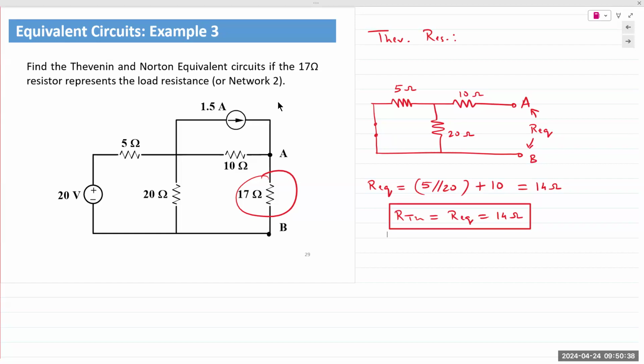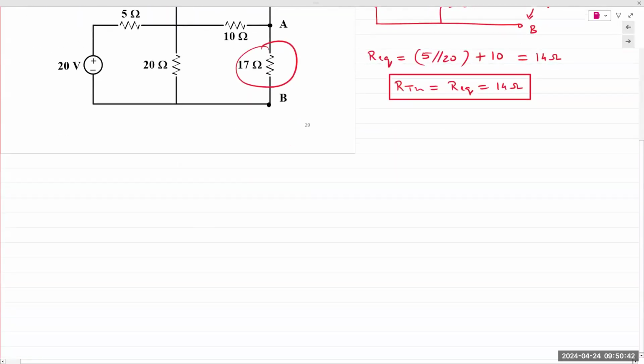Okay, Thevenin voltage. Let's see. For Thevenin voltage, you draw out the circuit exactly as it is with the component removed.